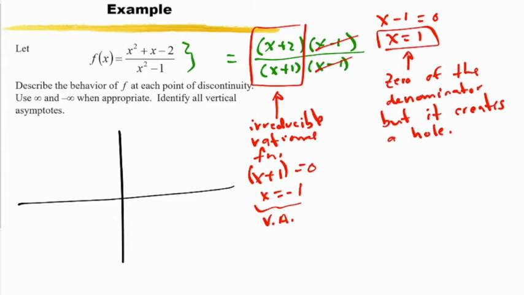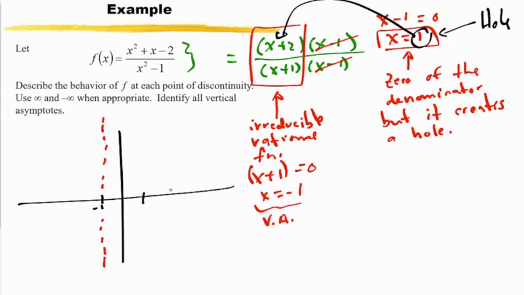we know that at -1, we would have a vertical asymptote. And we know that at +1, we would have a hole. We take that +1 and plug it into the irreducible fraction to get the exact location of the hole. So 1 plus 2 is 3 in the numerator, and 1 plus 1 is 2 in the denominator.